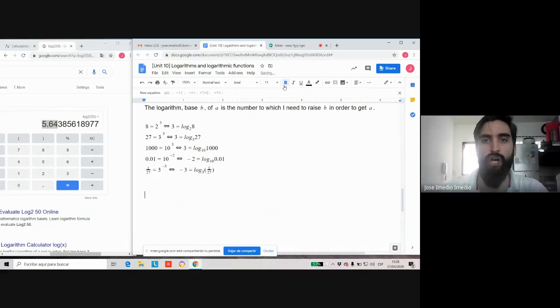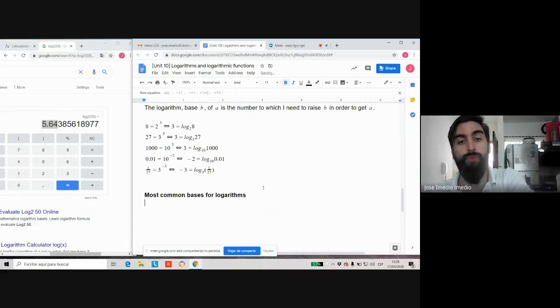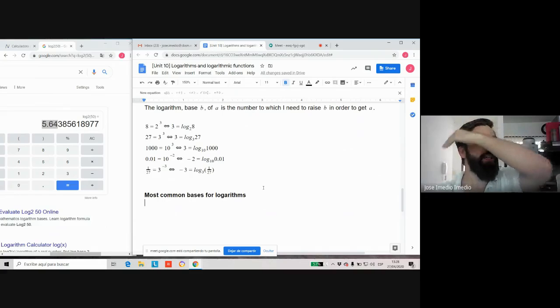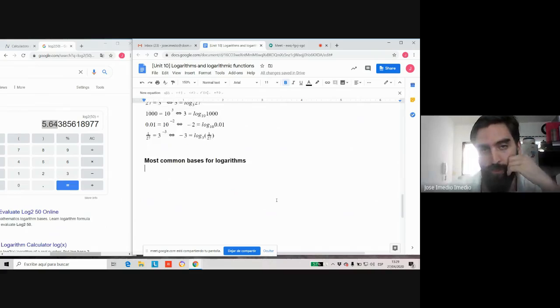The last thing I want to tell you about this, after the definition of logarithm, is the most common bases for logarithms. There are two bases which are very, very common.